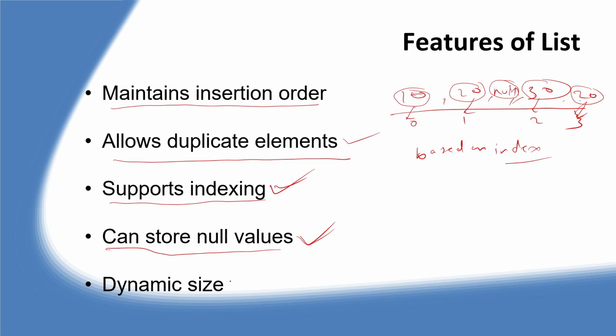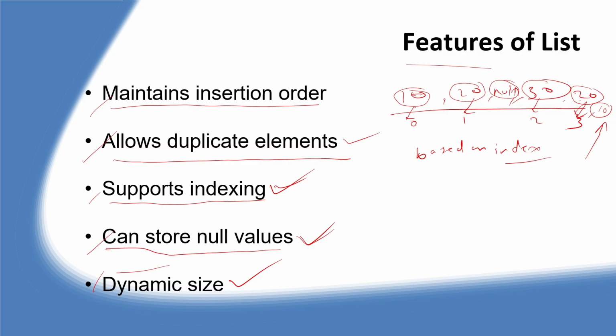And dynamic in size, that means if I store one more value, the size will grow automatically in the list. We don't need to do anything from our side. That will be done automatically. That is the feature of list. These are the features of list. It will maintain insertion order, it will allow duplicate elements, it supports index-based operation, it can store null values and is dynamic in size.